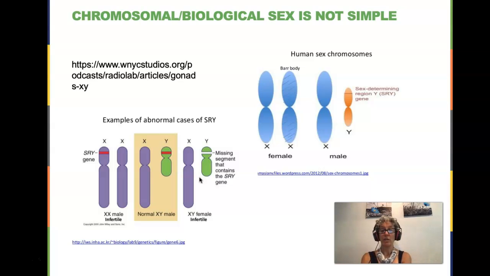So a karyotype could tell you there are 2 X chromosomes, but may not be specific enough to tell you are they 2 normal X chromosomes or is one of them carrying an SRY gene. A karyotype could tell you the person has an X and a Y chromosome, but the karyotype would not be specific enough to tell you does that Y chromosome have the SRY gene.